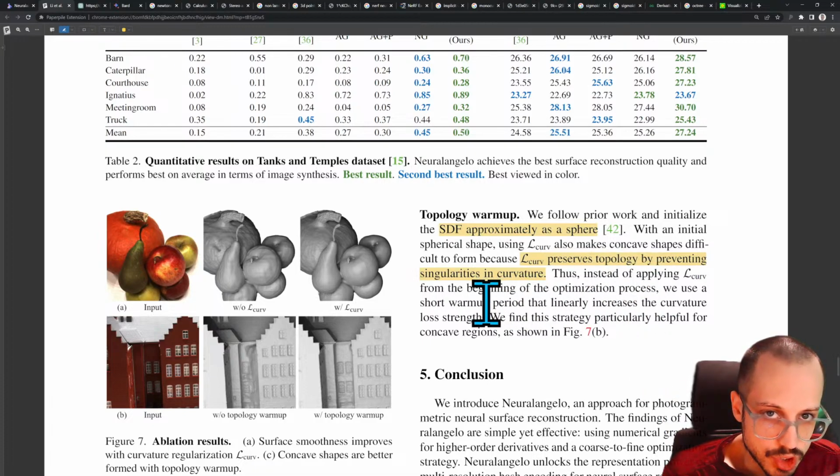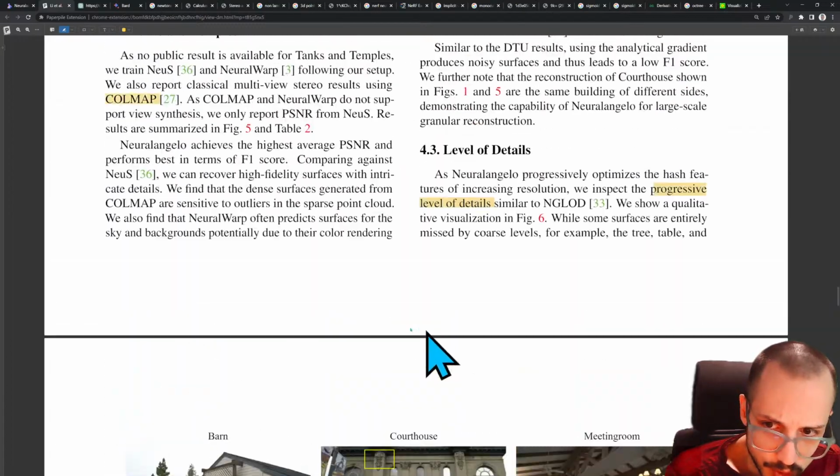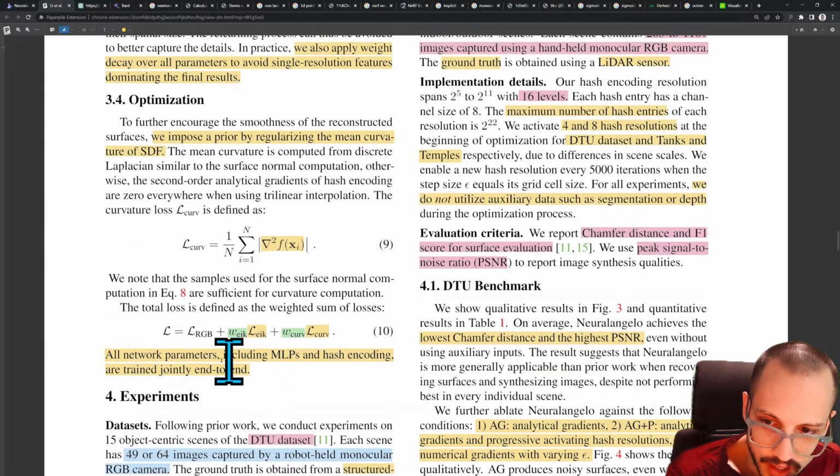So here they use a short warm-up period that linearly increases the curvature loss strength. Okay, so that's kind of cool. So what do they do? If you remember, the final loss that they use for the entire process is L RGB plus some weight times the L Eikonal plus some weight times the L curve. And what they're saying is that when they start the optimization process, this W curve is very small, so there's almost no regularization for the curvature.